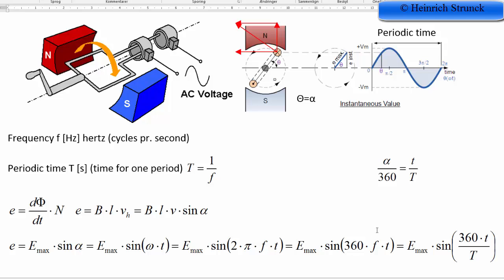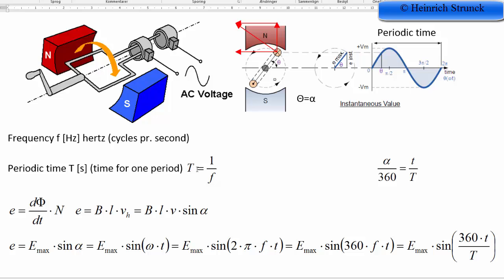So I prefer this one because here we can keep our calculator in degree mode. If we want to use this formula, we have to switch to radian, and many times we forgot to switch back again. So I prefer exactly this formula, or this one, if we have, for example, the information about the periodic time instead of the frequency.